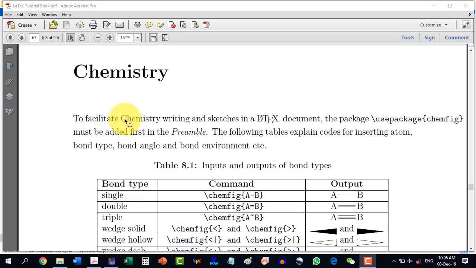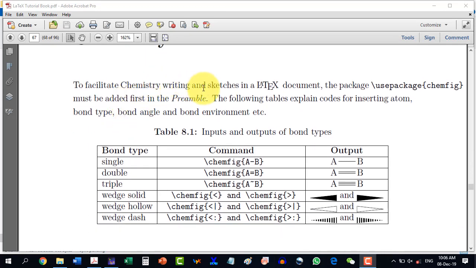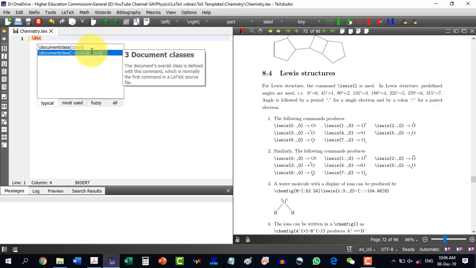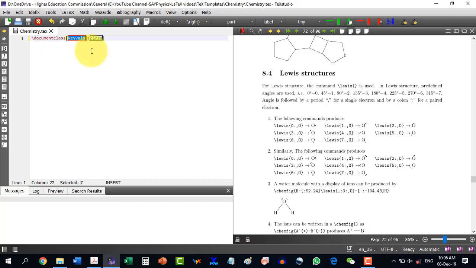To facilitate chemistry writing and sketches in LaTeX, we will have to use this package, which is actually chemfig. It is to be added in the preamble. We start with a \documentclass, and here we select A4 paper and 12 point, and the class is a book.